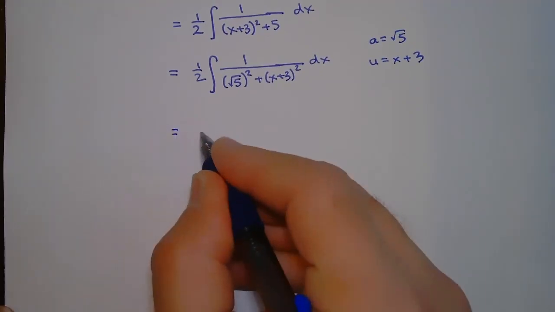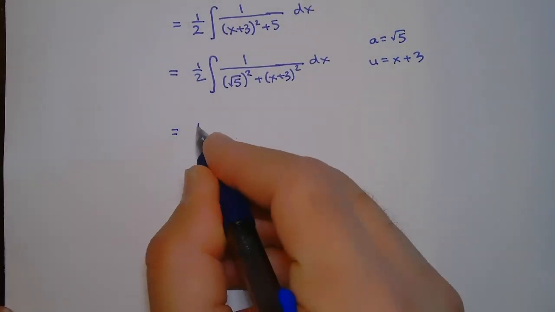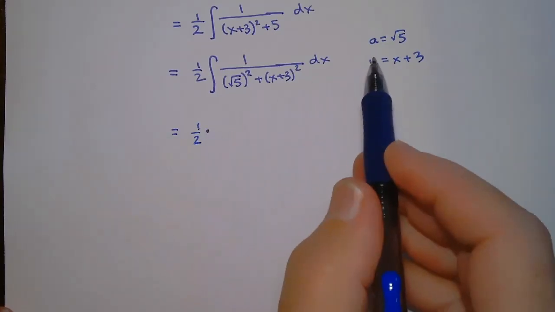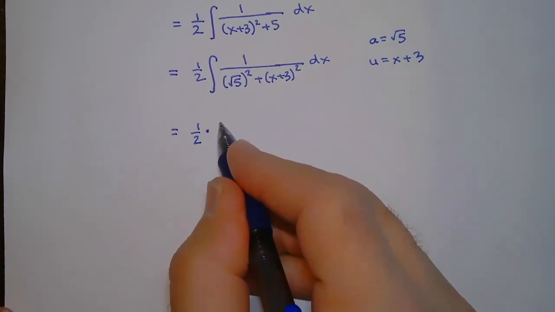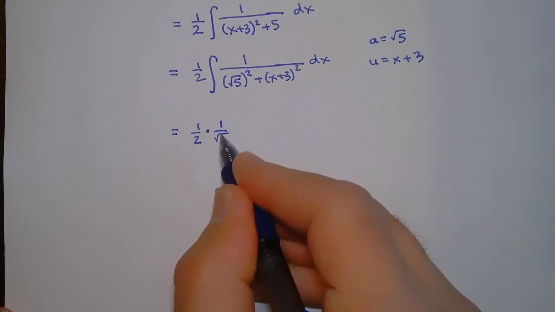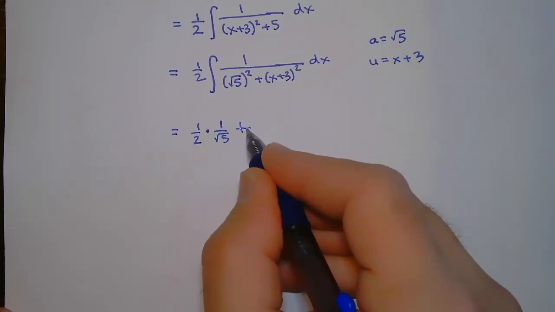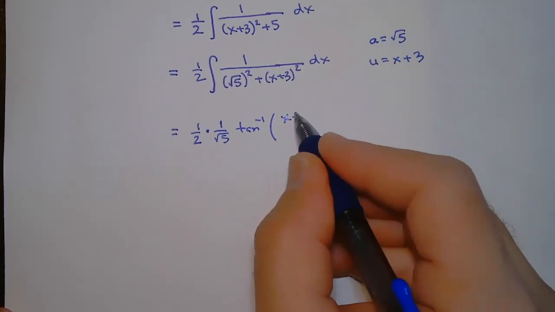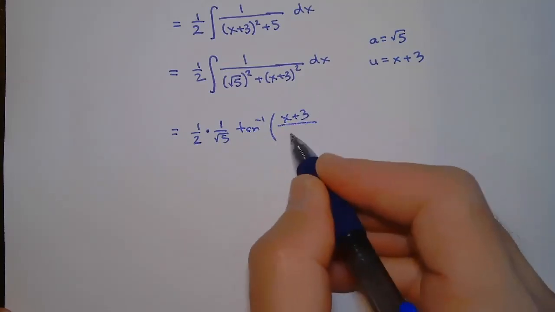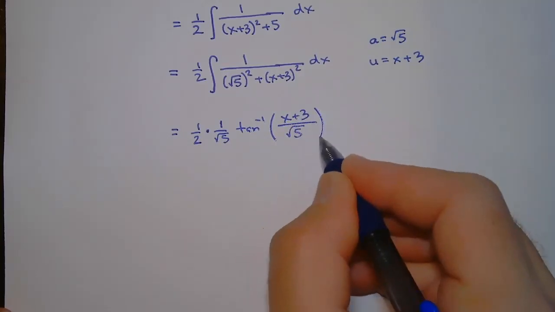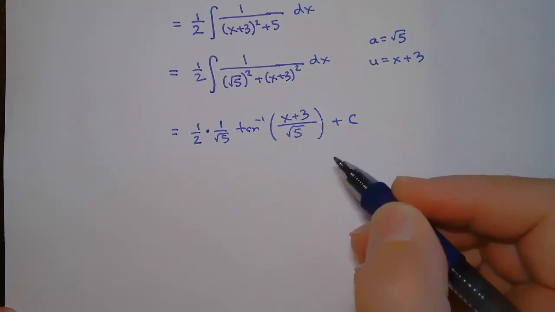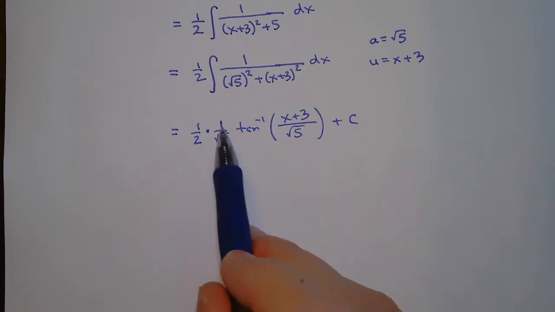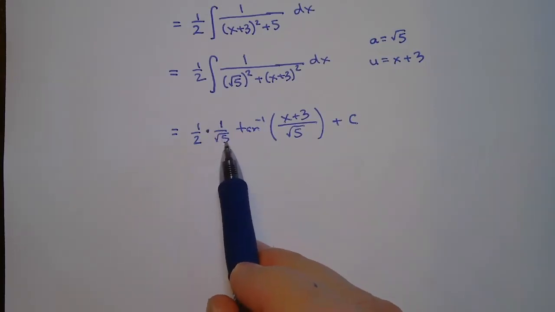All right, so from our format, this is 1/2 times 1 over a, so that'd be 1 over the square root of 5, tan inverse of our u, which is x plus 3 over a, which is the square root of 5, and then plus c. This could be written as 1 over 2 square root of 5, but I want to simplify this one.